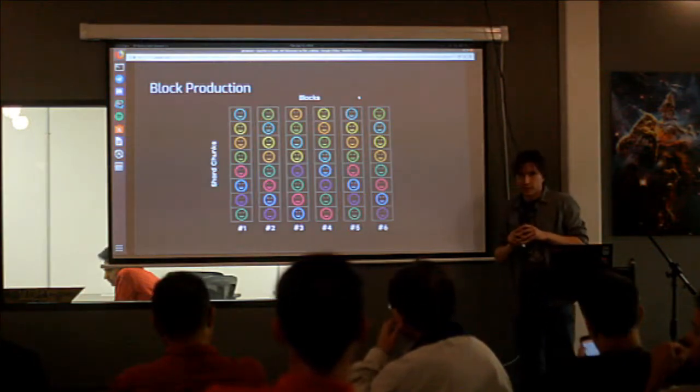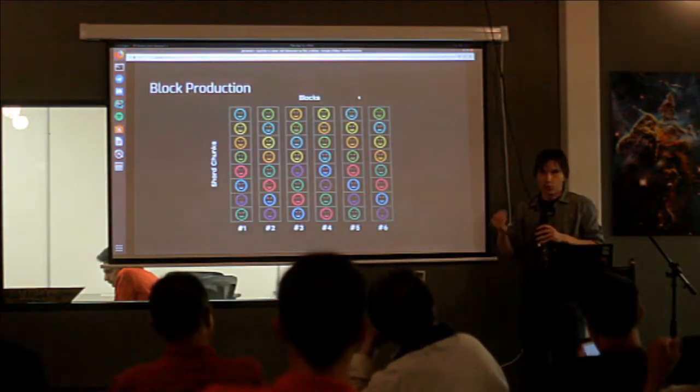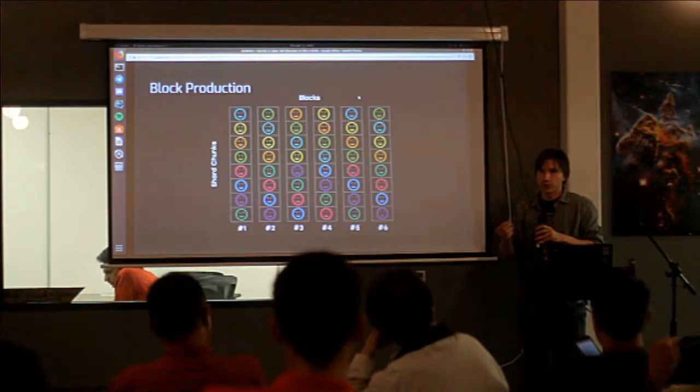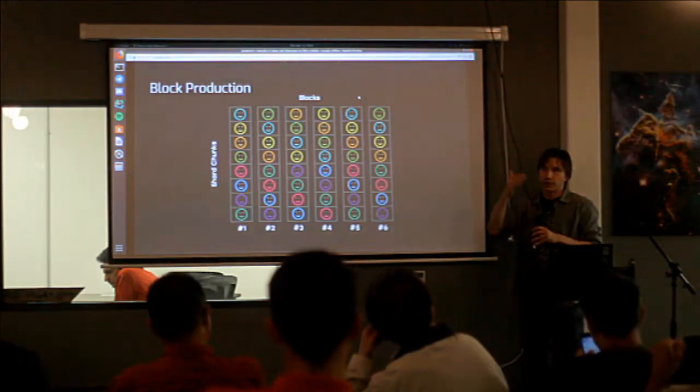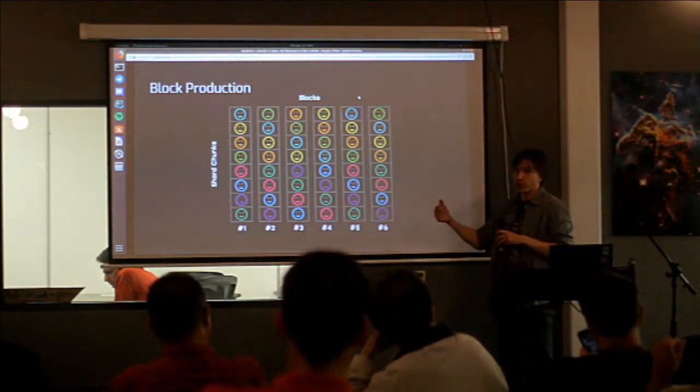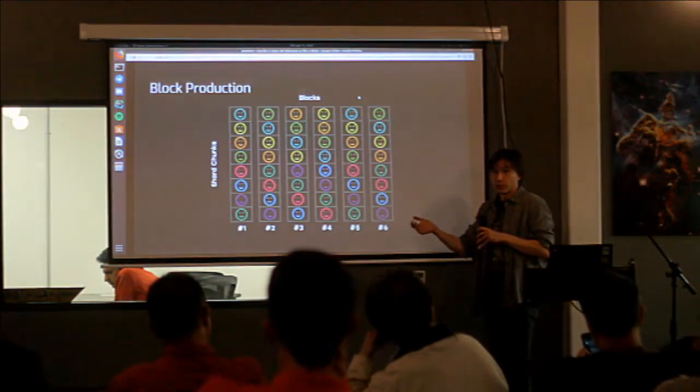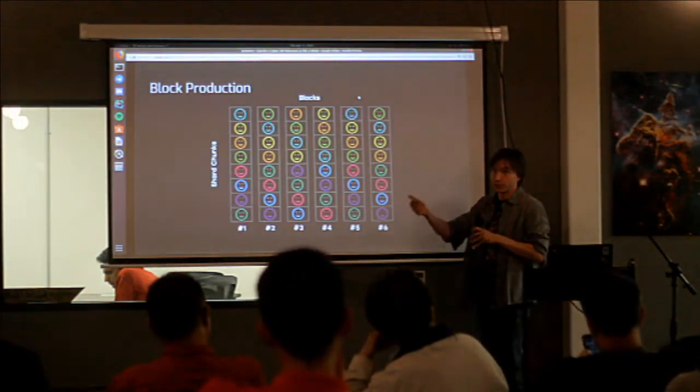Right, so the question is, in a traditional blockchain, it's usually 1 block producer, a block proposer. They propose a block and they compute the whole block. So here, because nobody ever sees the full block, nobody can propose the full block.